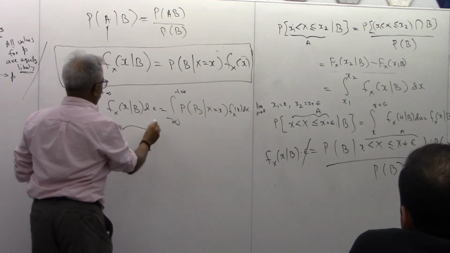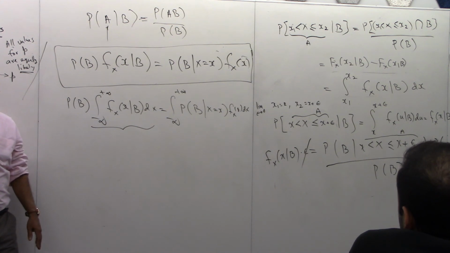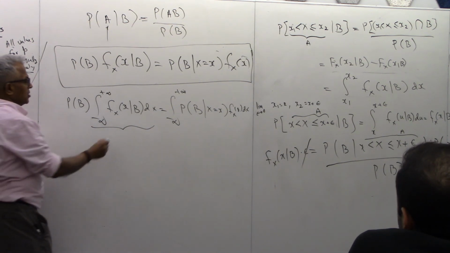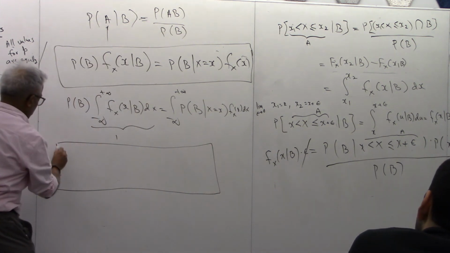What's the value of this integral? Anybody? Area under any conditional density function. Right, that's a density function, that's one. So right now it looks like a bunch of formulas, but I'm going to show you its usefulness.